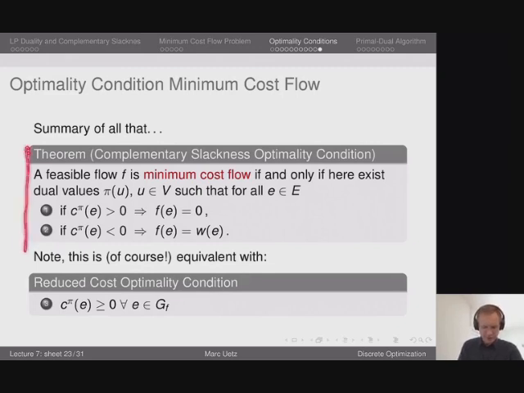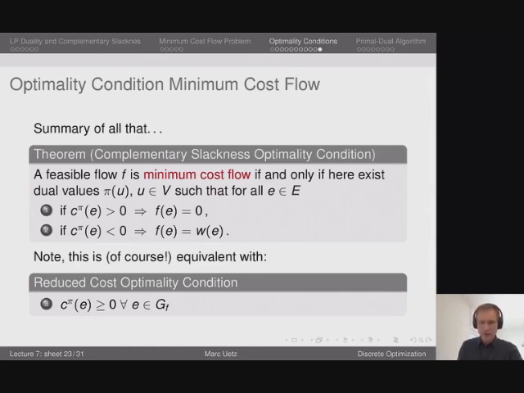So eventually, in order to prove correctness of the algorithm, or optimality of the flow that we have in each iteration, we will make use of this slackness optimality condition, but along the way we will also use the reduced cost optimality condition. So we actually need both characterizations in order to formulate and understand the algorithm.